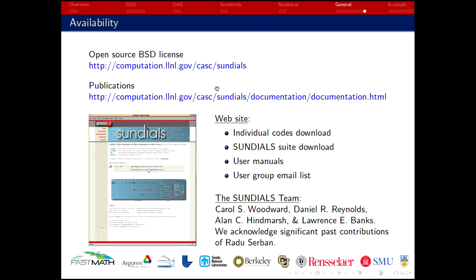For CVODES and ARKode, does the user need to provide the Jacobian for the system, or will the system use numerical differentiation to get the Jacobian? So at the simplest level, this is a parallel conference. If you're going to be using a Krylov solver for either CVODE or ARKode, and for ARKode let's assume you don't have a mass matrix, it's just the y dot, then you can provide a Jacobian vector product.